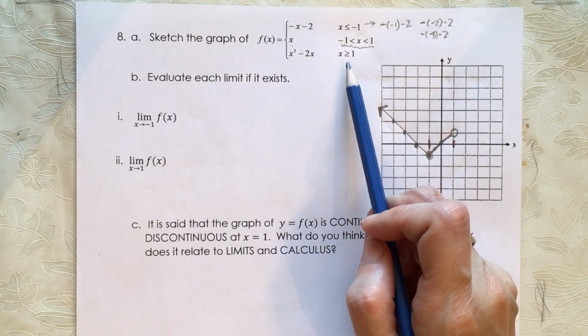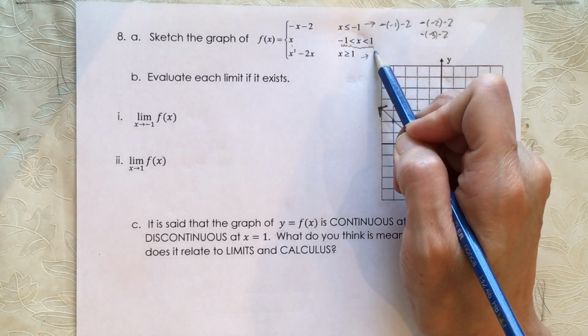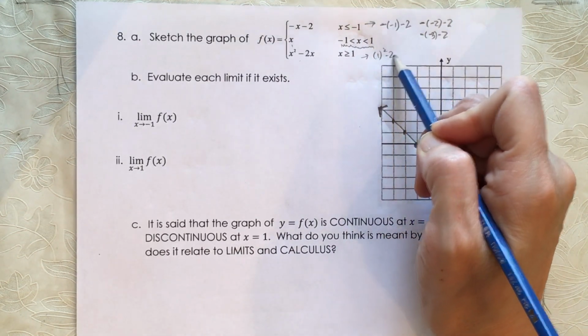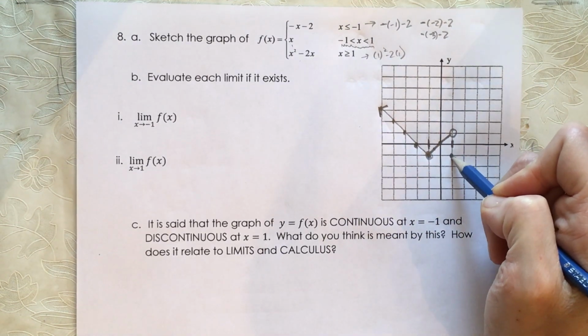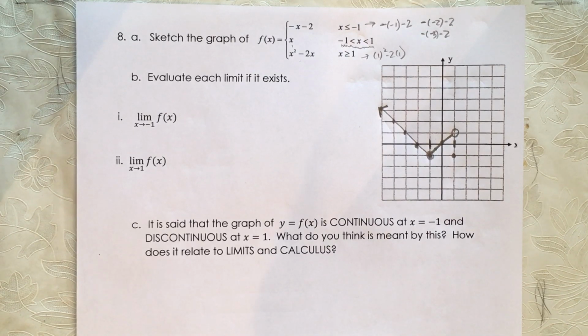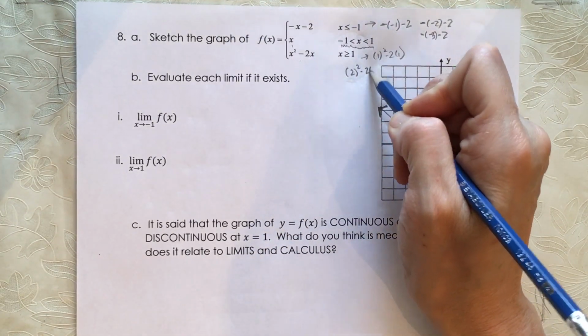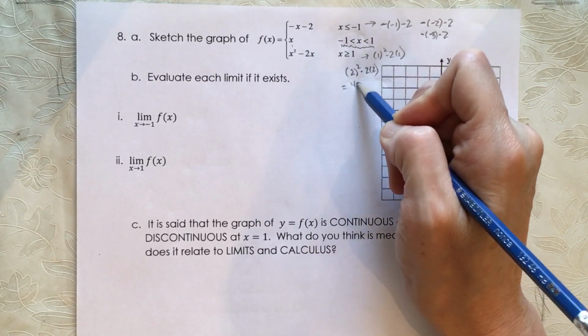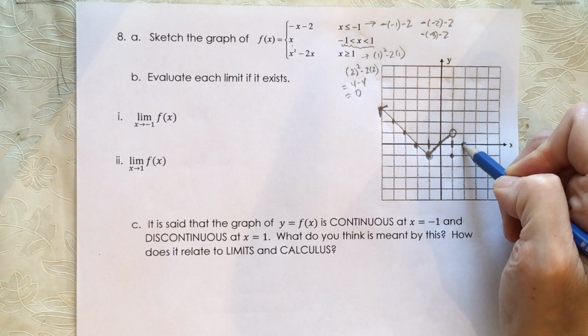Then we have x is greater than or equal to 1, so again we're allowed to put 1 in. So that's going to give us 1 squared minus 2 times 1, which is -1. And that's going to be a closed-in dot because you're allowed to put 1 in. If we put 2 in, we would get 2 squared minus 2 times 2, or 4 minus 4, which is 0. So 2 and 0.